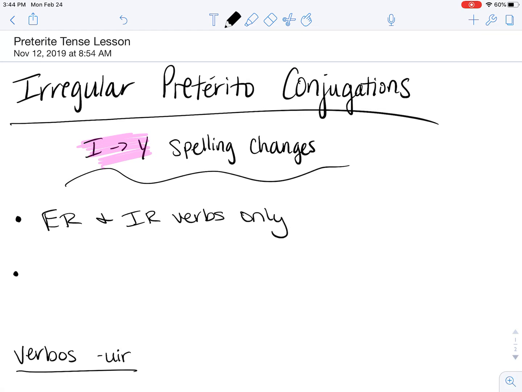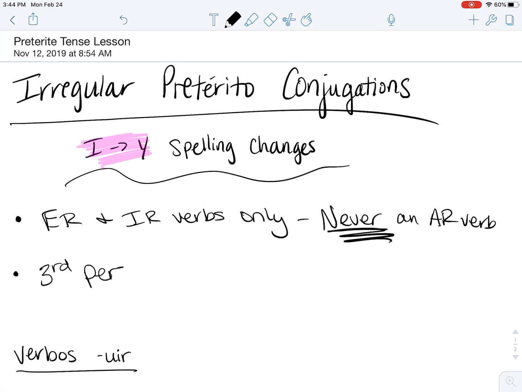You'll never see this change happen with an AR verb. And the change only takes place in the third person, both singular form and plural form.